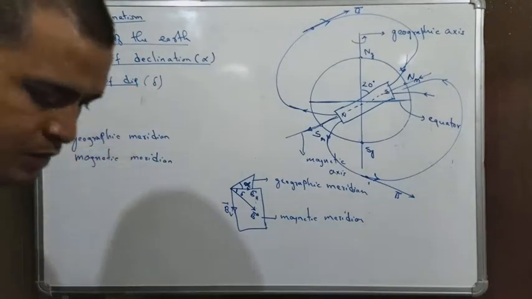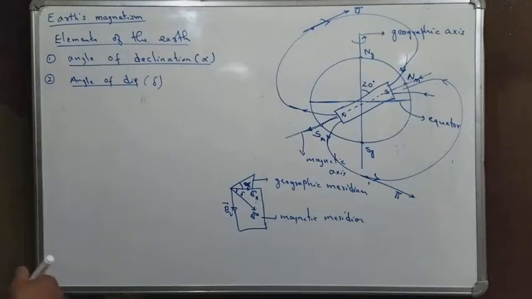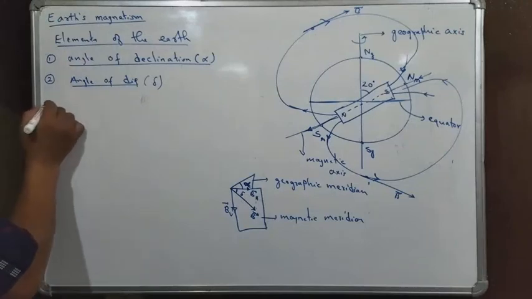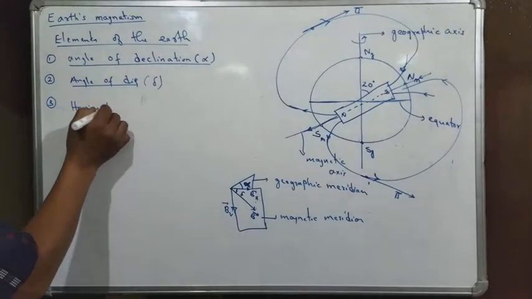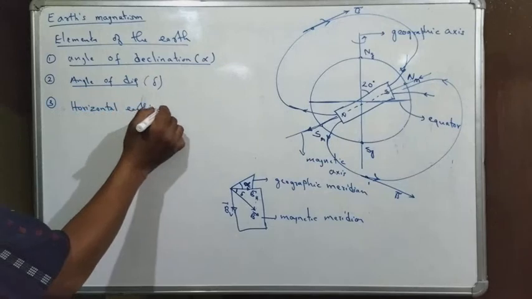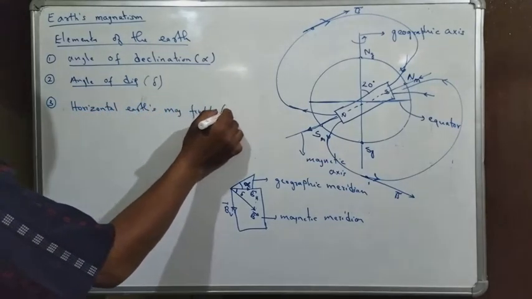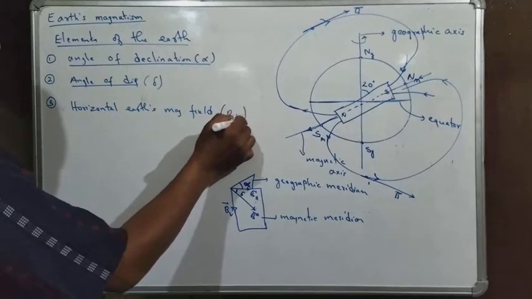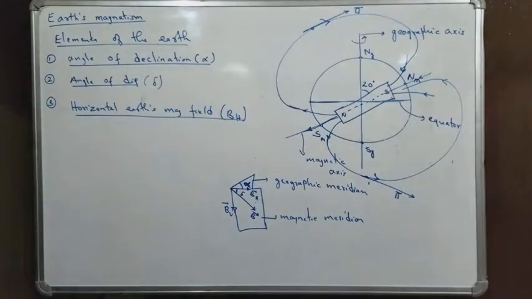Now the third element of Earth's magnetism is the horizontal Earth's magnetic field, which we denote by BH. So what is this horizontal component of Earth's magnetic field?